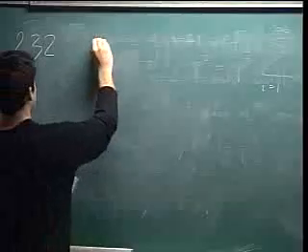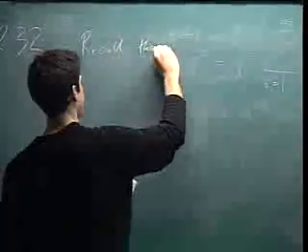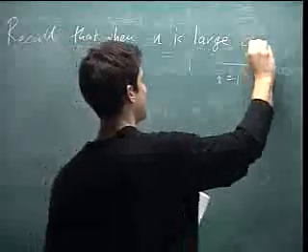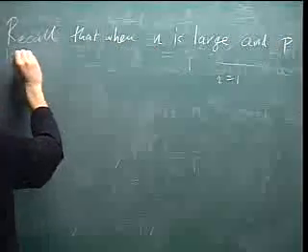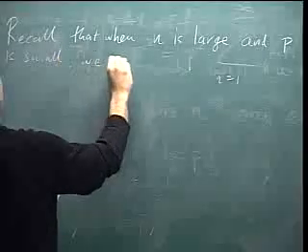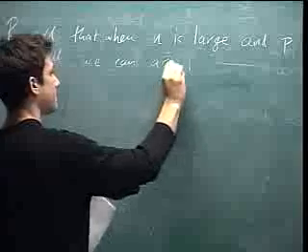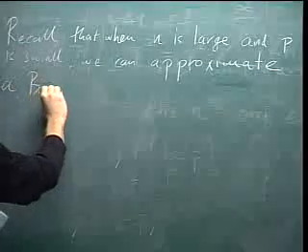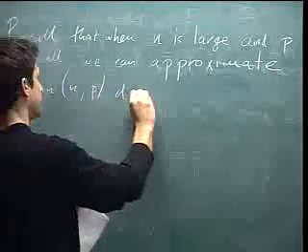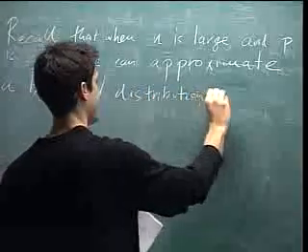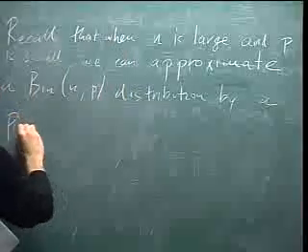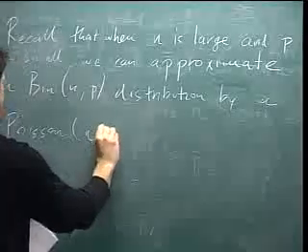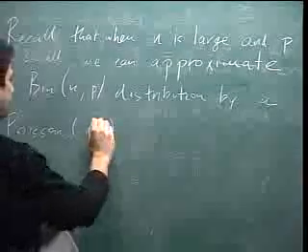So recall that when n is large and p is small, we can approximate a binomial n, p distribution by a Poisson with mean n times p, where this is equal to lambda.